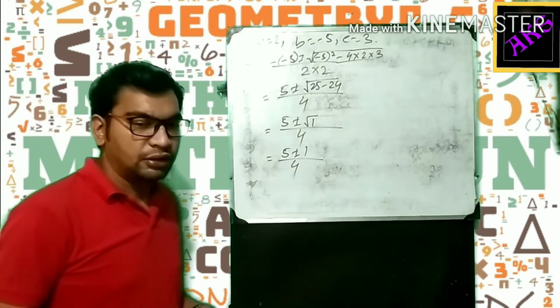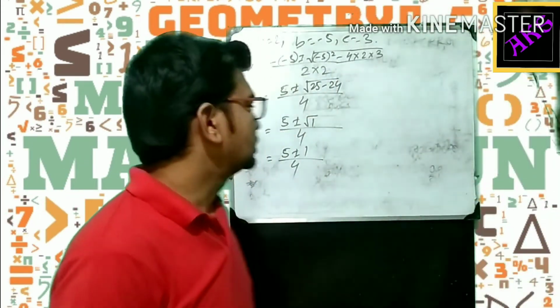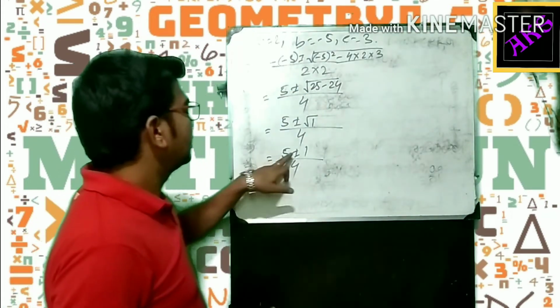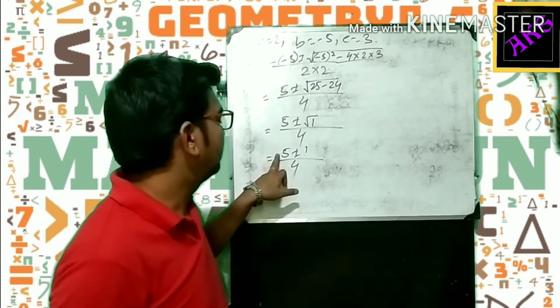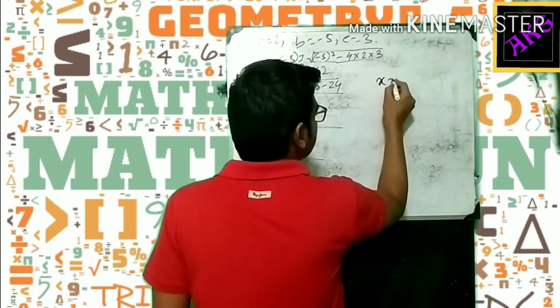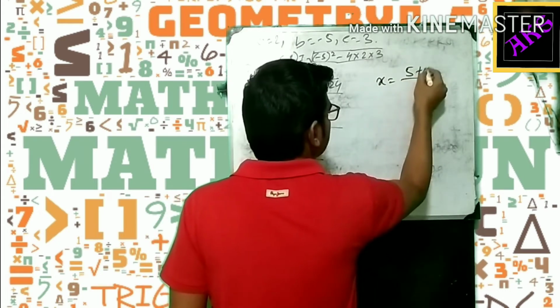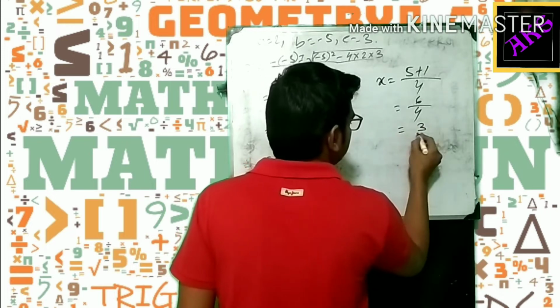Now, how do we get the x or the solution? For the solution, first we will take 5 with the plus sign 1, and then we will take 5 with the negative sign 1. So first, x will be 5 plus 1 by 4, that gives us 6 by 4, that means 3 by 2.